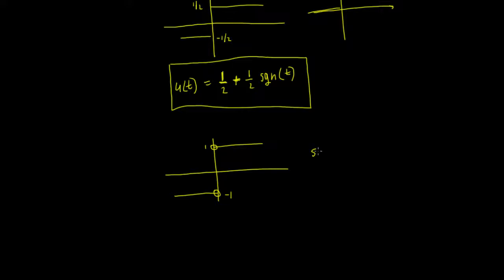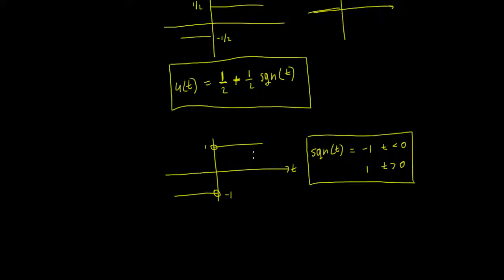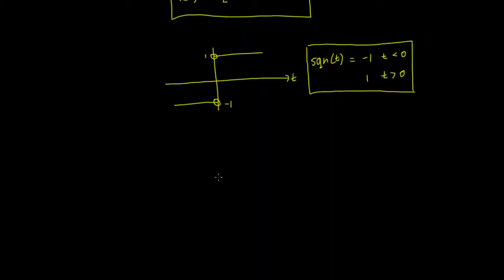We say the signum function of t, on the axis t, equals minus 1 for t less than 0, and it equals 1 for t greater than 0. So no, it isn't actually defined at 0. Again, we can't find the Fourier transform for this because it won't converge, but we can find a function that's very similar to this.